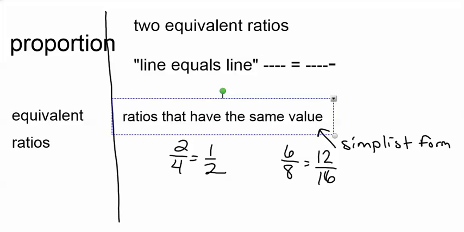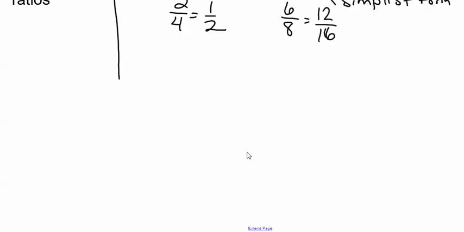All right, the next thing we did is we did cross multiplying to test this. So cross multiplying to test. We used cross multiplying to see if two ratios are equivalent.